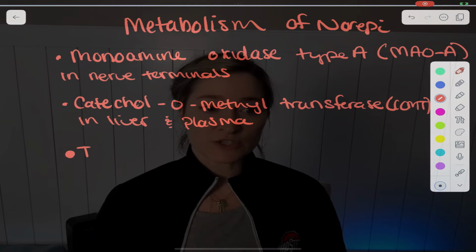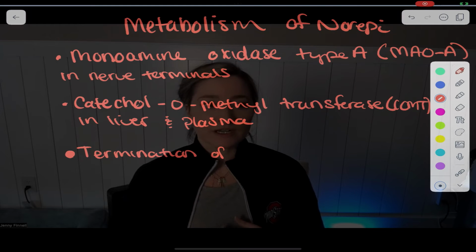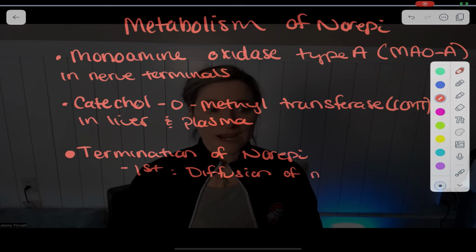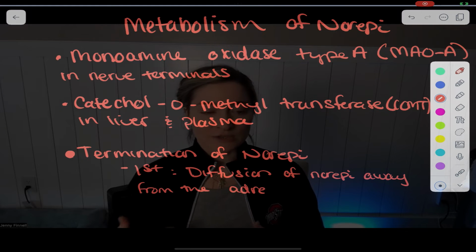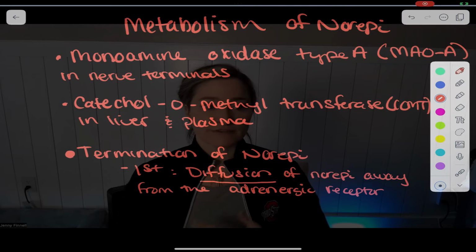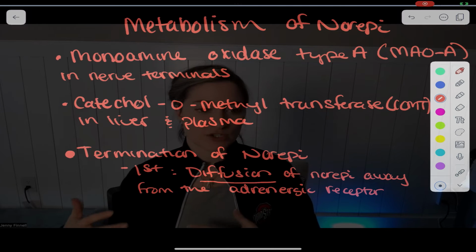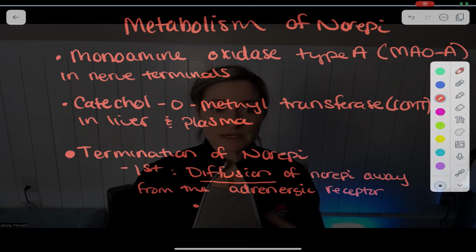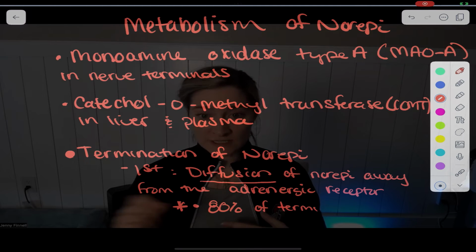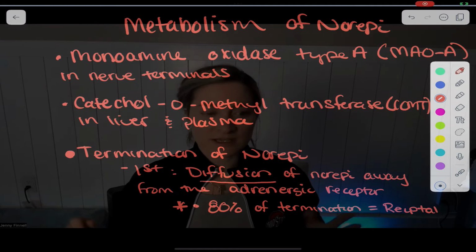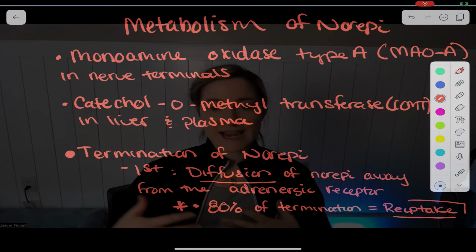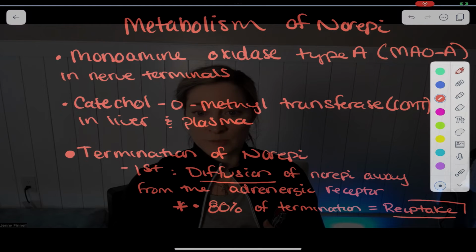You also have termination of norepinephrine, which first starts with diffusion of norepinephrine away from the adrenergic receptor. So the very first step to terminate norepinephrine from action is diffusion of norepinephrine away from the adrenergic receptor. The termination mechanisms is something I want you to star and take notes on, because this will come up on tests, is that the reuptake is the process that terminates 80% of the effects of norepinephrine.